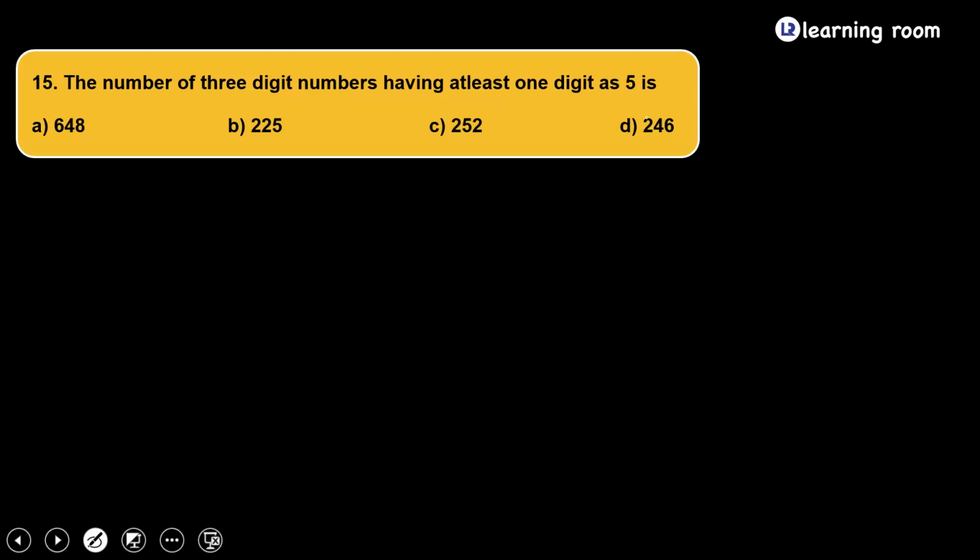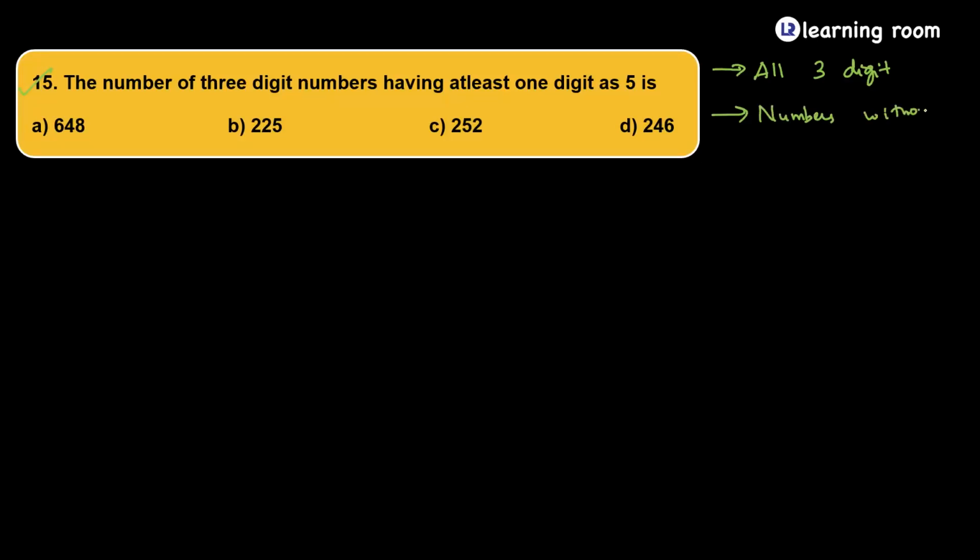So listen to this. The 15th question is, the number of 3-digit numbers having at least 1 digit as 5 is. The method I'm going to use is, first I'll find all 3-digit numbers, and second, I will find the numbers without 5, because that is easier for me.